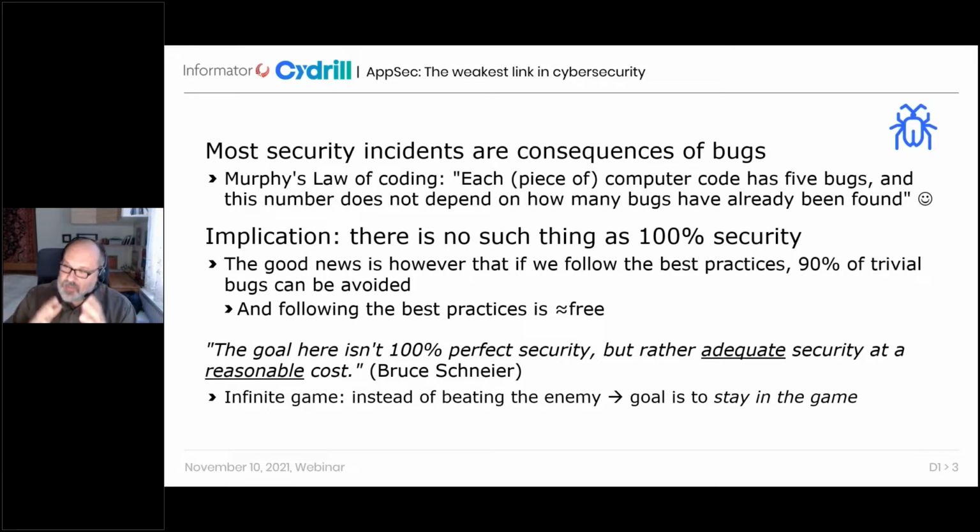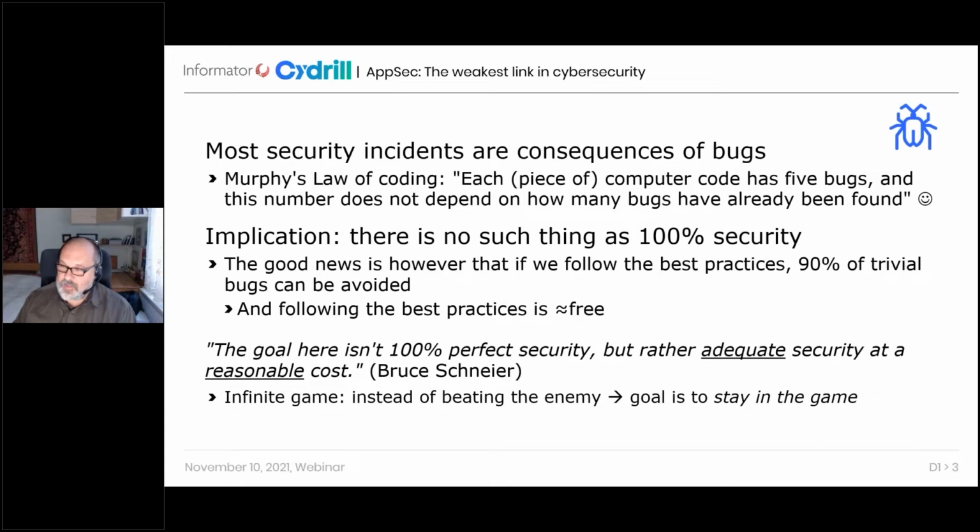But if you put this together, software security is about bugs, secure coding is about bugs, and there is no software without a bug, you easily come to a very painful, even apocalyptic conclusion, which means that there is no such thing as 100% secure software. Nobody can actually reach an unbreakable and unhackable software.